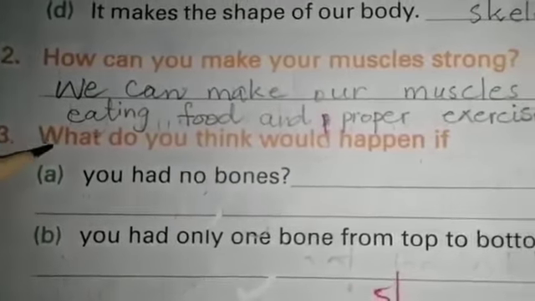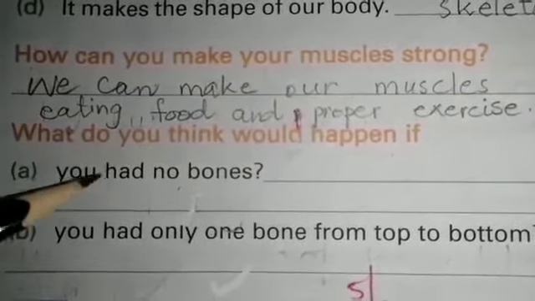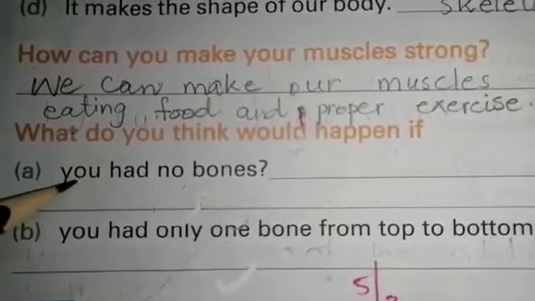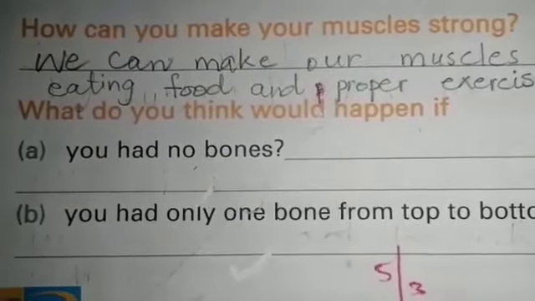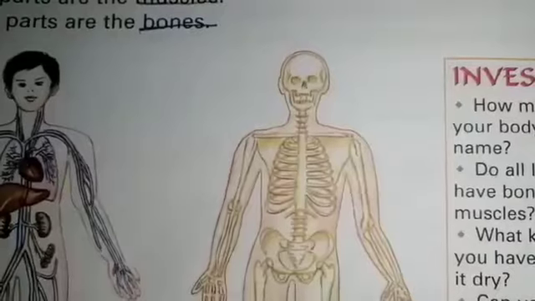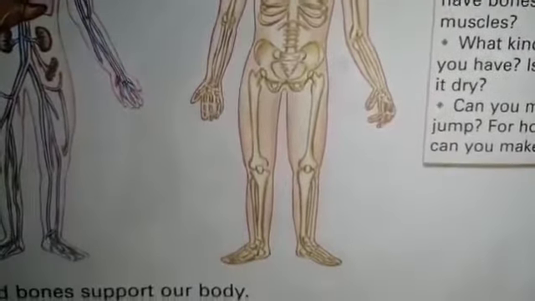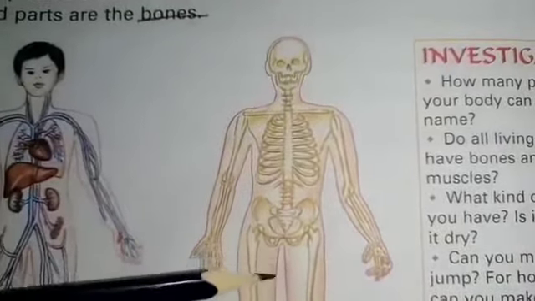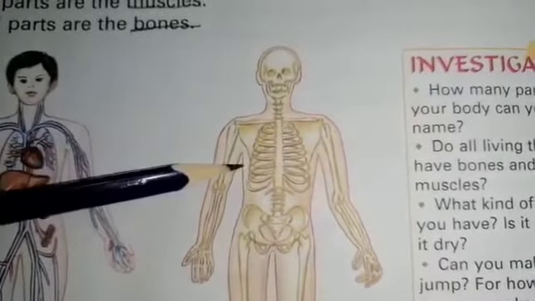Question number 3, what do you think would happen if? Number A, you had no bones. So students, what do you think? What would happen if we had no bones in our body? It is very difficult for us. As we all know, the skeleton is very, very important. It supports our body and maintains the body shape.